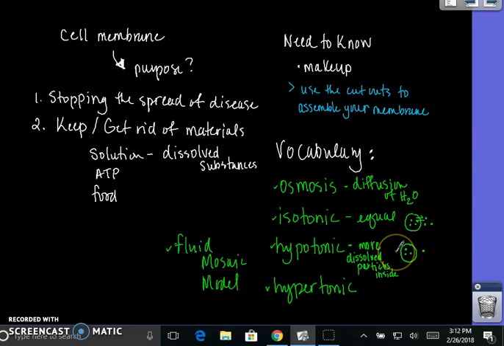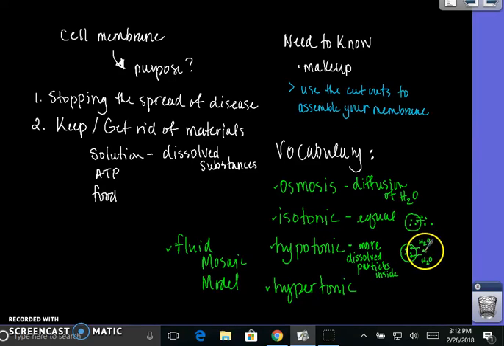Now what happens inside the body is that for every dissolved particle, there is 1 less water molecule. Now remember, everything wants to be isotonic. Your whole system wants to be isotonic. So water is going to flood into the cell. So let's write down water.